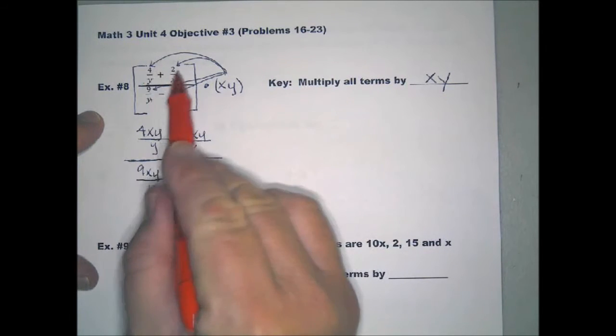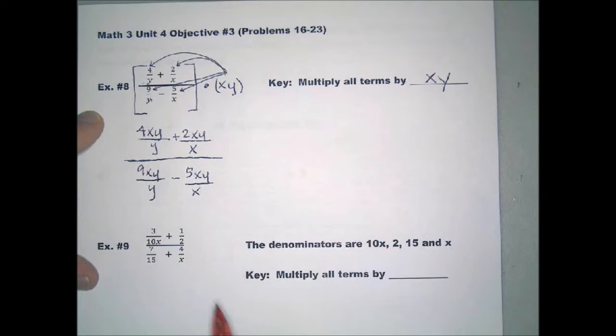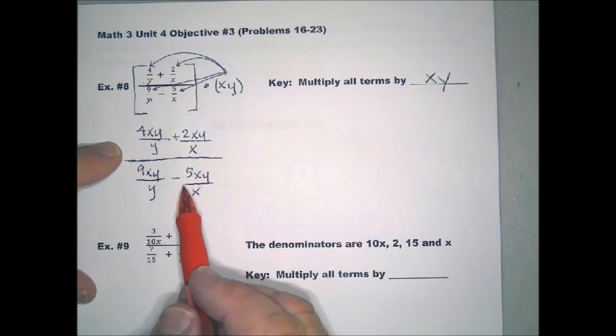So every single numerator in this problem got multiplied by XY, and this is what I have now.